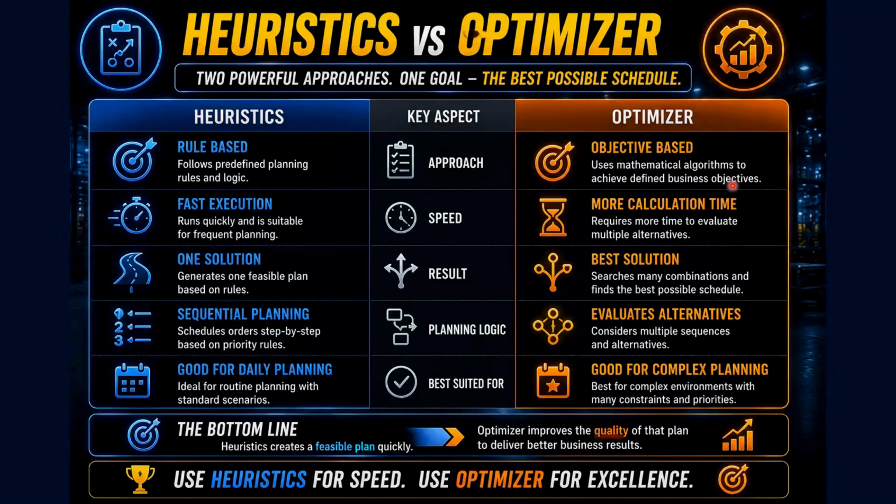In many manufacturing organizations, planners first execute heuristics to quickly generate a feasible production schedule. Once the initial schedule is available, they execute the optimizer to improve the sequence by reducing setup changes, resolving capacity conflicts, and creating a more efficient production schedule. In other words, heuristics create, the optimizer improves.